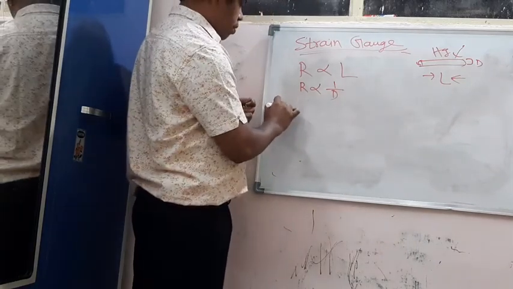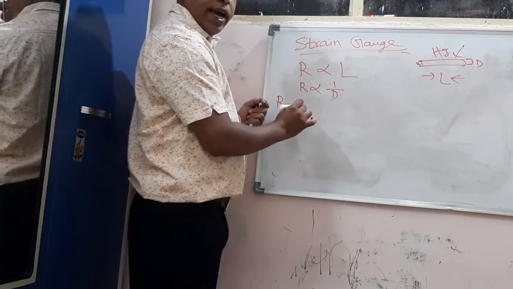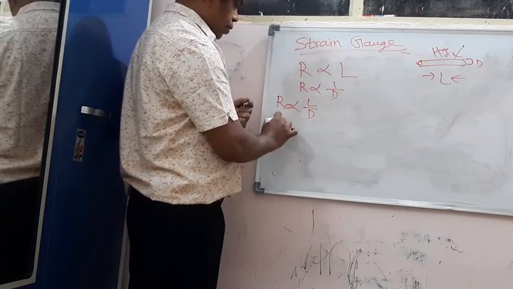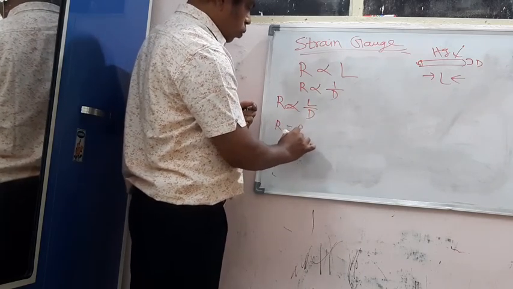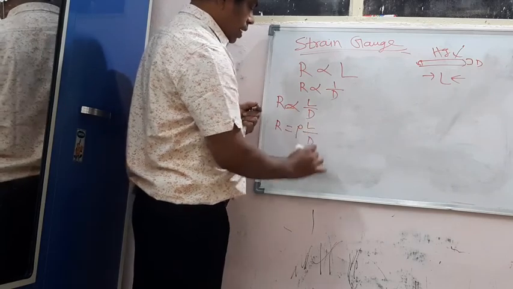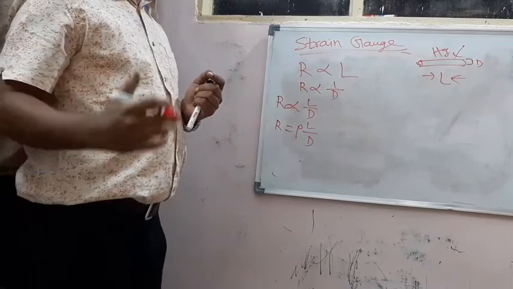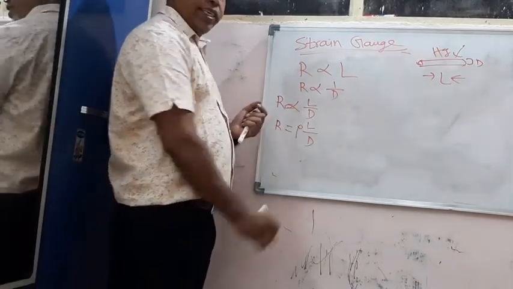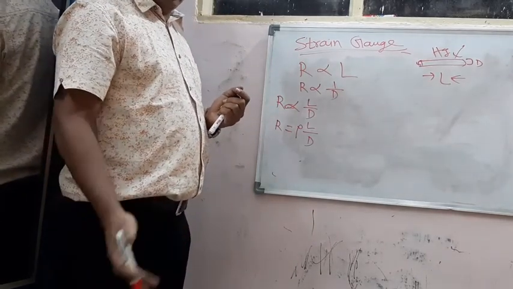So finally you will get an equation: R is directly proportional to L by D, so R equals rho into L by D. Here rho is the resistivity, which is characteristic of the particular material.